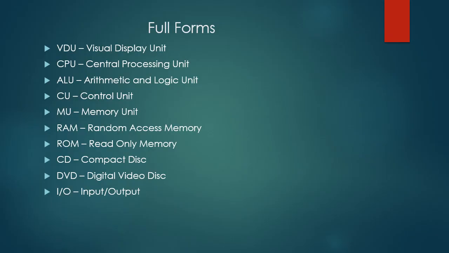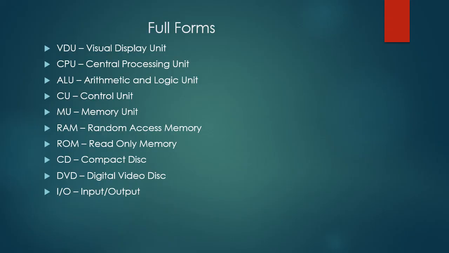Next is ALU, and the full form of ALU is Arithmetic and Logic Unit. Next we have CU, and CU is Control Unit. Then we have MU. MU stands for Memory Unit.